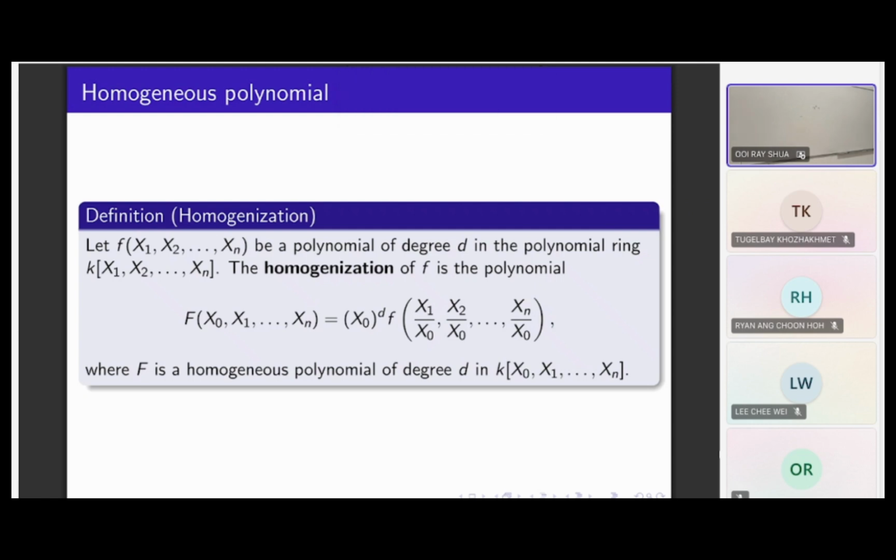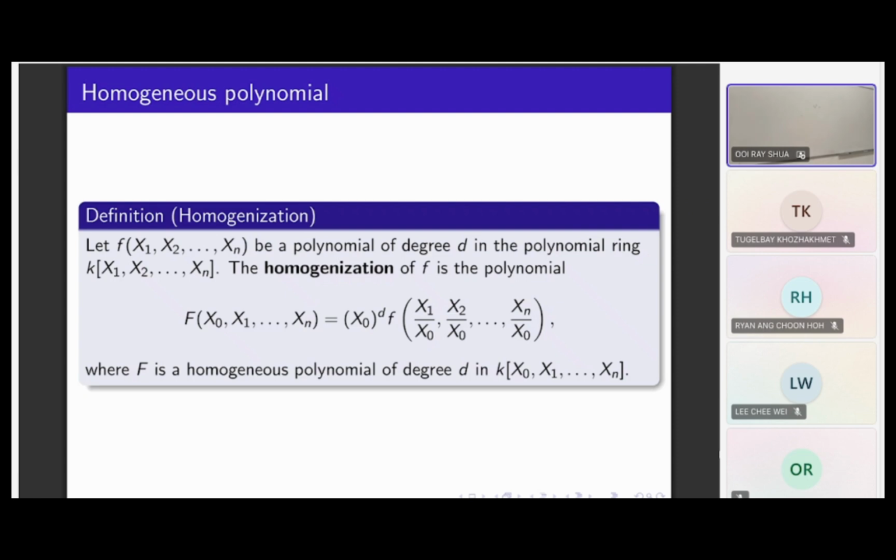This definition is about how you homogenize a non-homogeneous polynomial. This is your original f, which is not homogeneous. If you change the coordinates, you divide by a new term, so the whole term only consists of x1, x2, until xn.